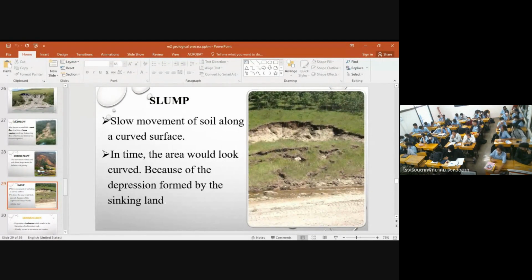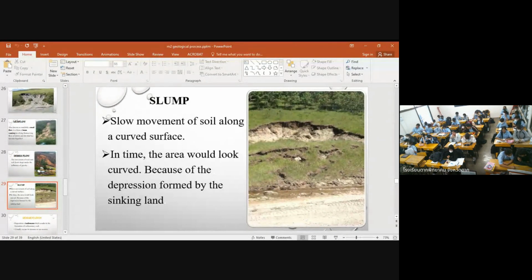So we have slow movement of soil. So slump, slow movement of soil along the curved surface. Just observe the picture. This is a slow movement of soil, and this is formed by sinking land. So that is slump.